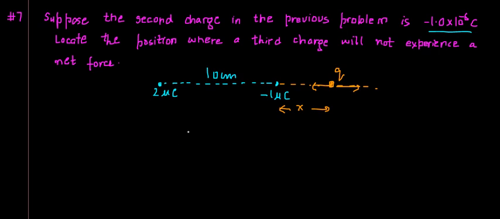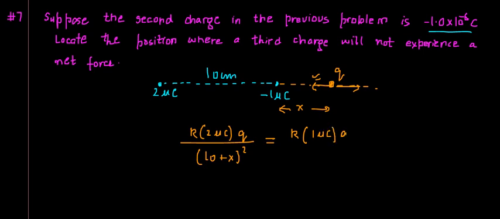This one is K times 2 microcoulomb times Q, and the distance from the 2 microcoulomb charge to this would simply be (10 plus x) whole square, in centimeters. And this force is being balanced by the force exerted by the -1 microcoulomb charge, that is K times 1 microcoulomb times Q divided by the distance x squared.